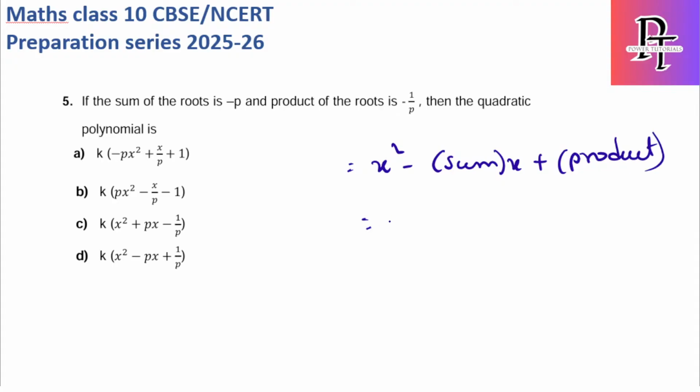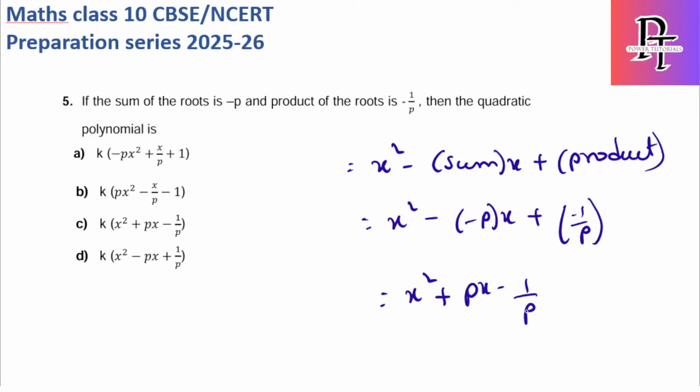So here I can simply write x square minus (minus p) into x plus product of roots, which they say is minus 1 by p. So this becomes x square plus px minus 1 by p. You can also multiply by k, because this is anyway equal to 0. So x square plus px minus 1 by p. C is the right answer.